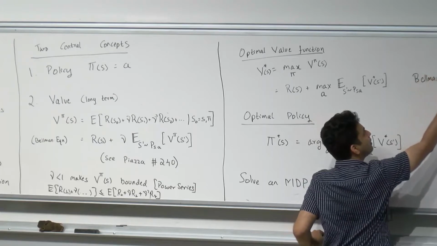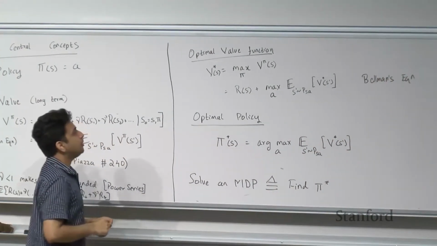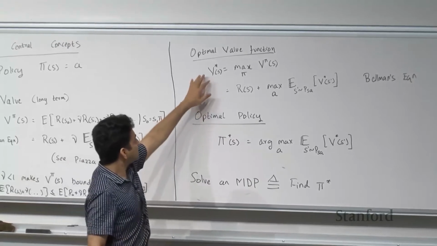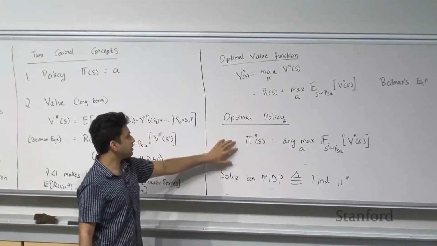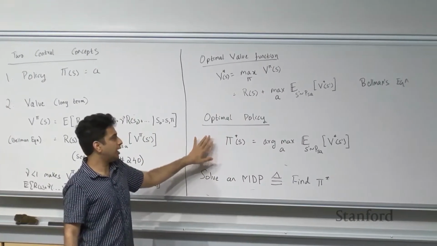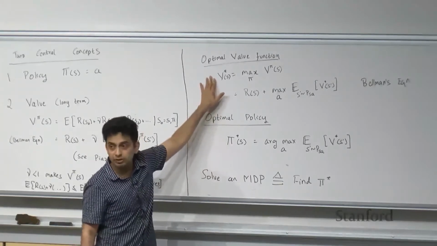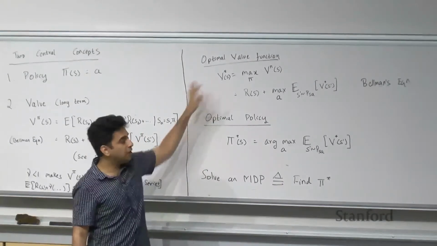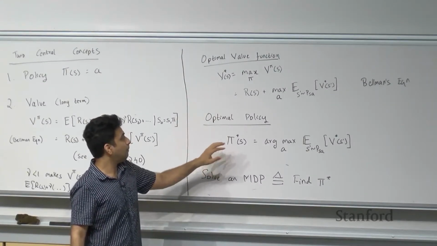This is also called Bellman's equation. And corresponding to the optimal value function, there is this implicit optimal policy. The implicit optimal policy is any policy that allows us to achieve the optimal value function. In theory, it is possible that there exist multiple policies.